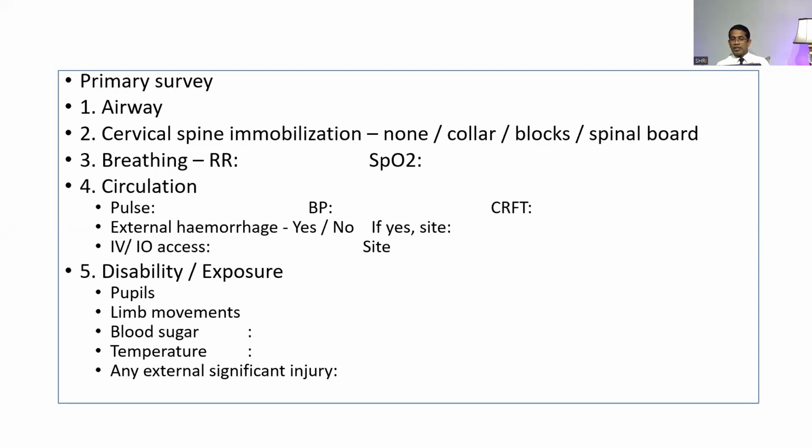Circulation: what the pulse rate, blood pressure, and capillary refilling are, and what methods you have already used to control hemorrhage, either chemical, pharmacological, or physical. And disability: whether the patient has any gross neurological injuries, or any pupillary deficit. Okay, these are the things you need to complete once you have done the primary survey.